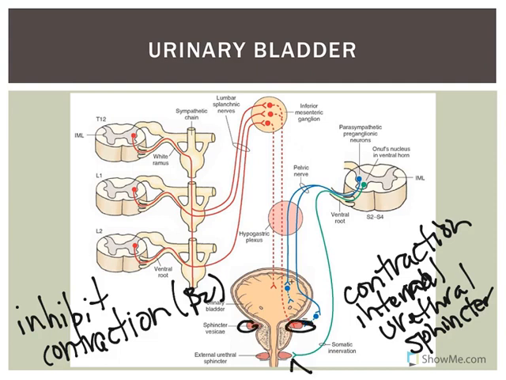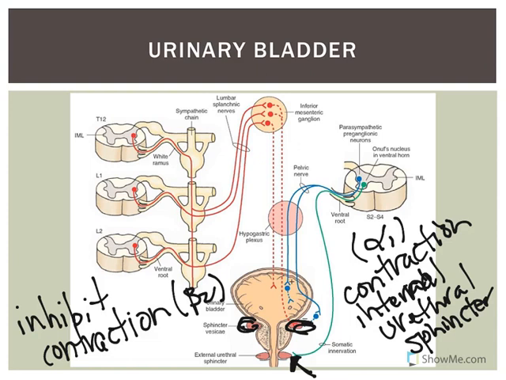Here's the external, and this one is innervated by somatic fibers coming from the pudendal nerve. Now the internal sphincter is innervated by fibers coming from the pelvic splanchnic nerves, which be carrying parasympathetic fibers, but we're worried right now about sympathetic fibers. So here the sympathetic innervation is going to cause that to contract, which again is alpha 1 adrenergic receptor.